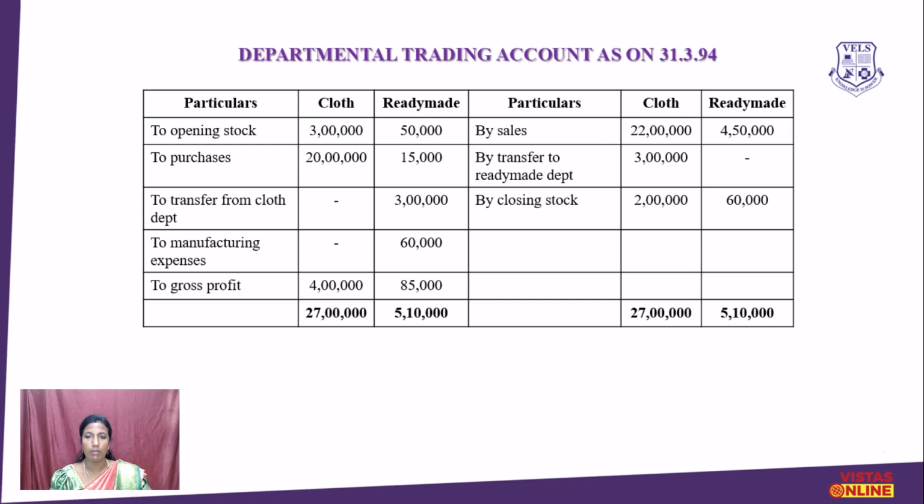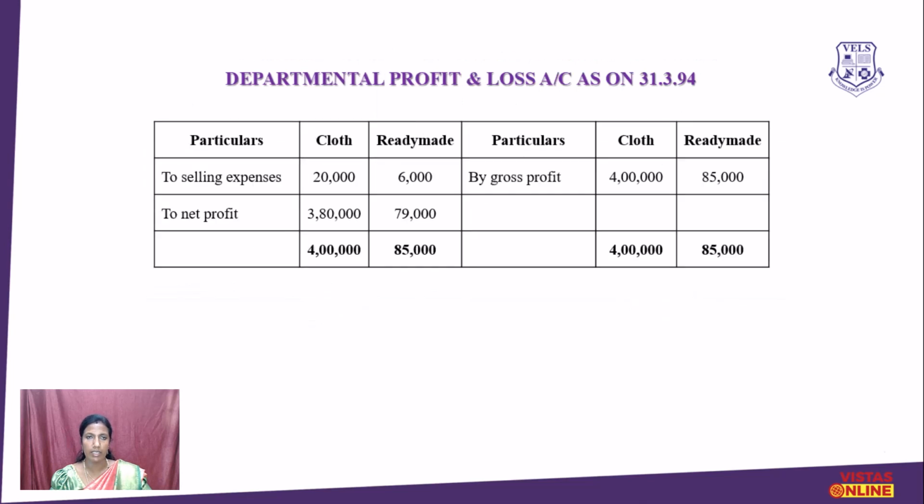So the overall total is 27 lakh in the cloth department and 5 lakh 10,000 in the ready-made department. The difference is 4 lakh, which is the gross profit, and 85,000 is the gross profit of the ready-made department. That is the departmental profit and loss account as on 31st March 1994. Debits and credits are mentioned for both departments, cloth and ready-made.